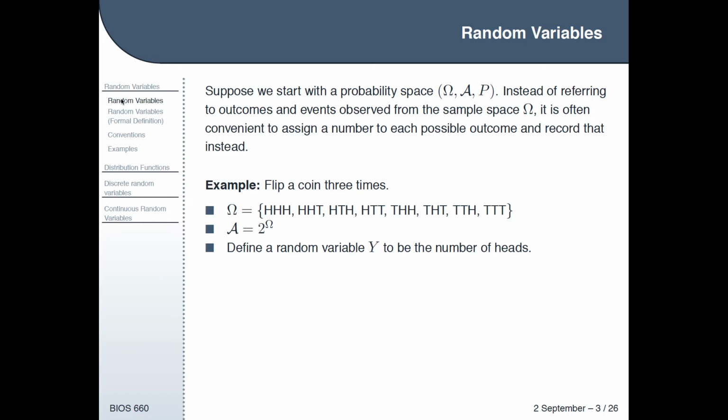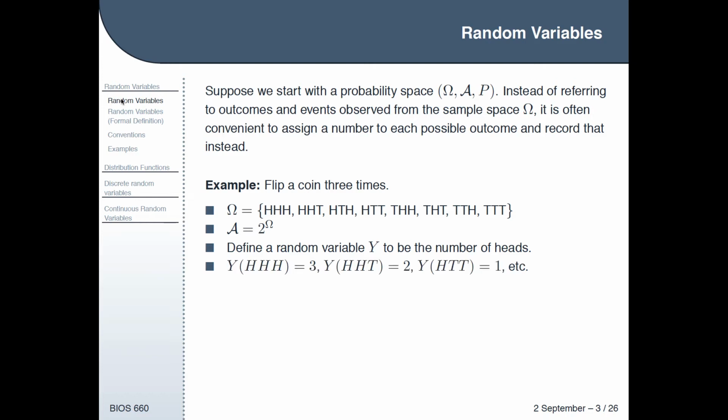Then for each item in the outcome space, Y is a function where the input to the function is an item in the outcome space and the range is just a real number.